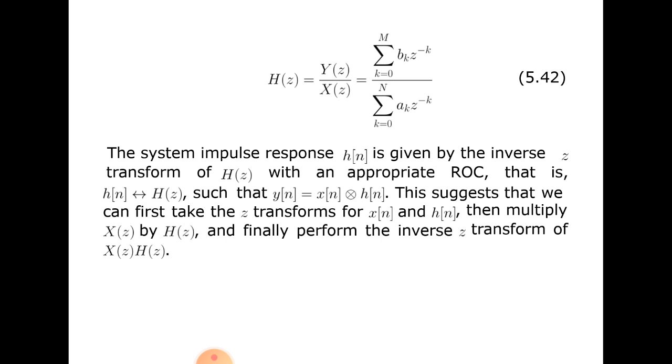So this suggests that we first take the z-transform of x(n) and h(n), then multiply X(z) by H(z), and finally perform the inverse transform of X(z) H(z).